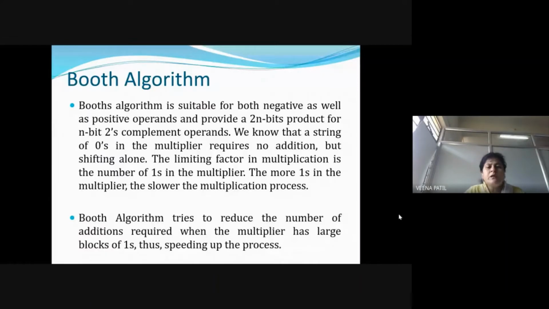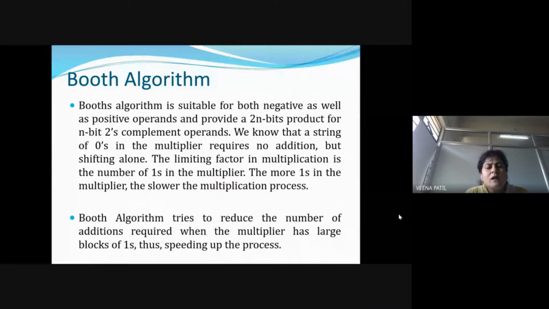So first of all, let us go through the theory part. Booth's algorithm is suitable for both positive as well as negative operands, and it provides a 2n bit product for n bit 2's complement operands.